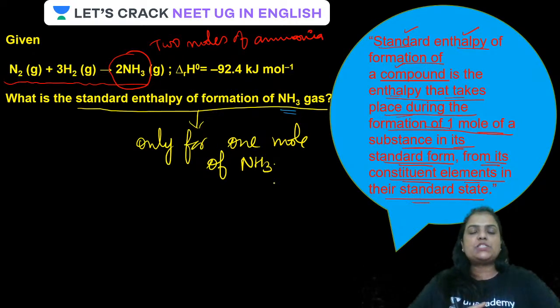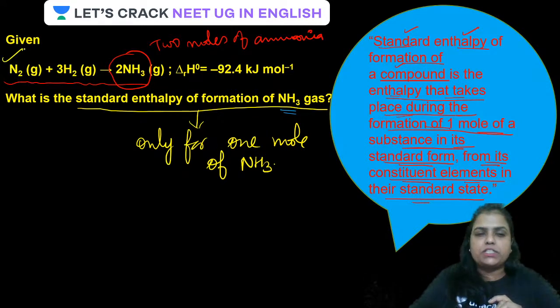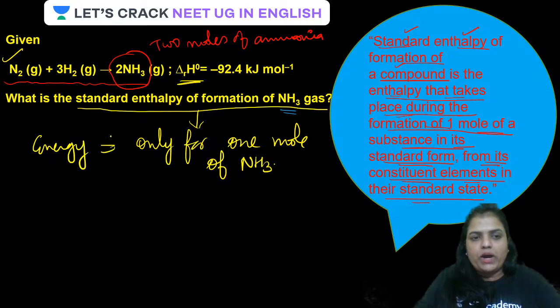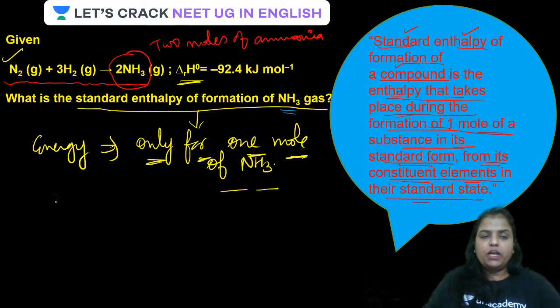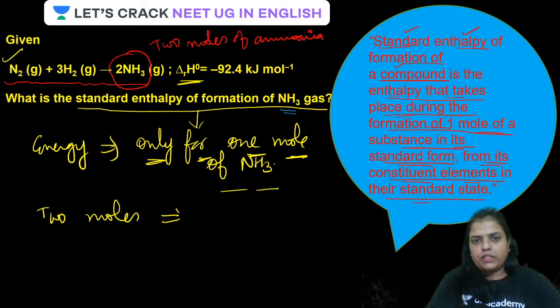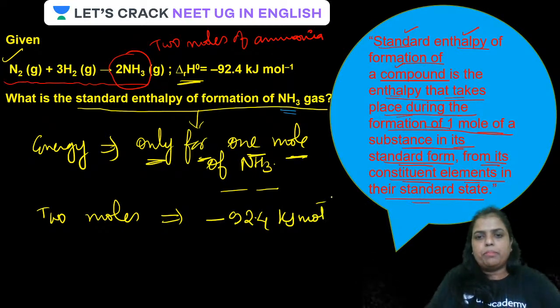Now guys, as it is very clear from the given reaction, this energy is actually the enthalpy of this particular reaction where 2 moles of ammonia are forming, and we have to calculate the standard enthalpy of formation of ammonia, means we have to calculate the energy required only for formation of 1 mole of ammonia. So it is very clear for 2 moles, the energy required is minus 92.4 kilojoule per mole.